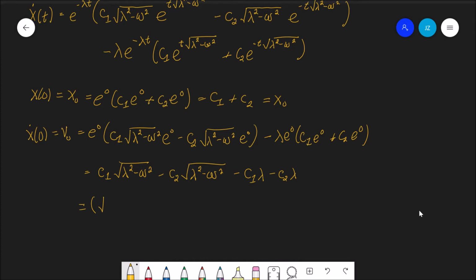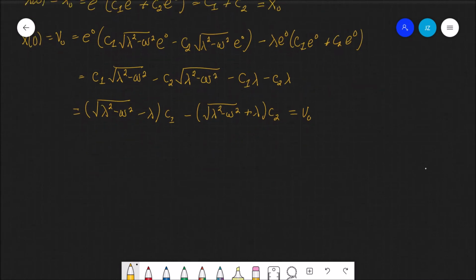So it's the square root of lambda squared minus omega squared minus lambda times C1, minus the square root of lambda squared minus omega squared plus lambda times C2, and then that whole thing equals V naught.